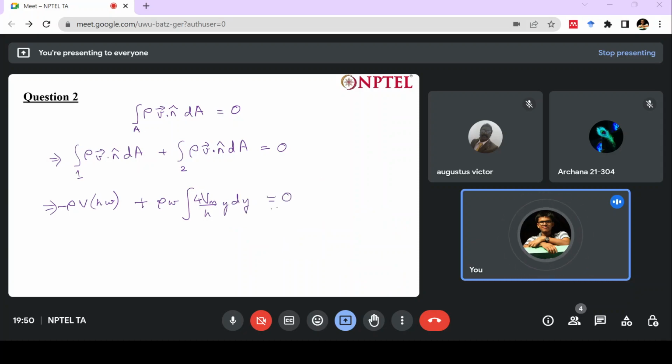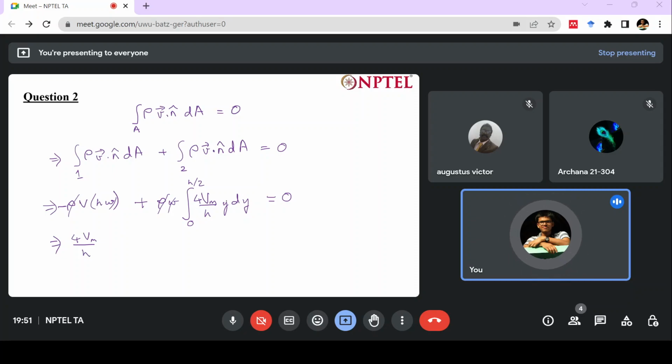This is equal to 0. This is a pretty simple, straightforward problem to solve. Rho and W cancel out because they are there in both the terms. This integration is from 0 to h by 2, so 4 V max by h multiplied with this integration.